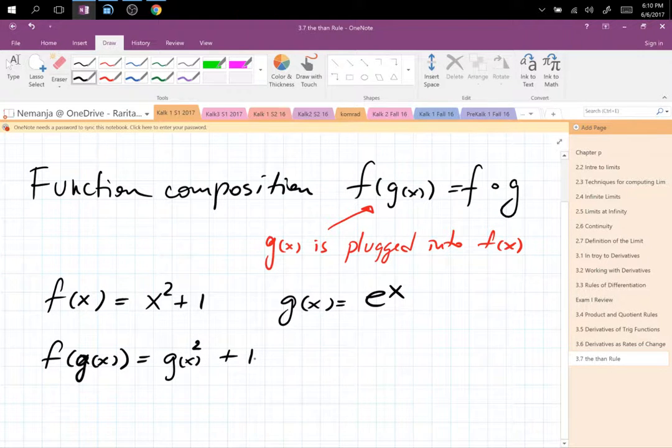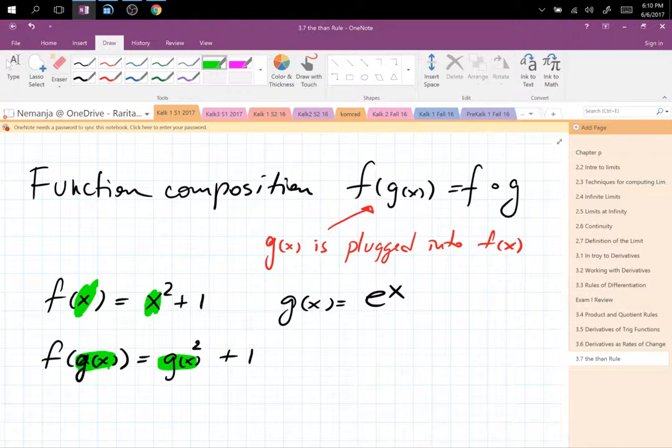So hopefully you see that this x is replaced by g of x, and the form of the function f stays unchanged. So we are replacing x with g of x. You did this when you replaced each x with x plus h for your derivatives. Now we are replacing this x with an entire function g of x.